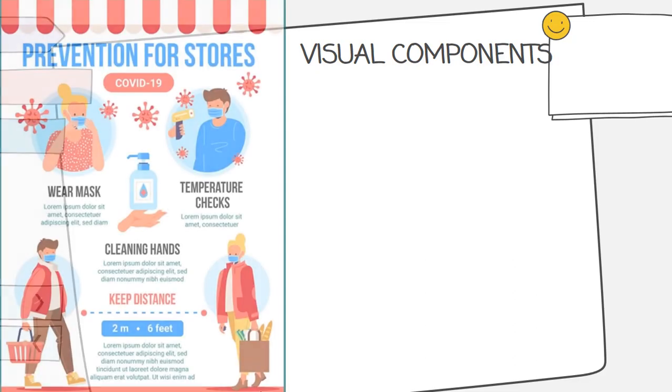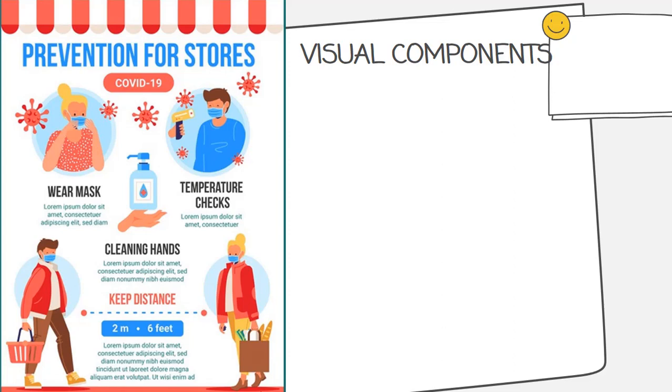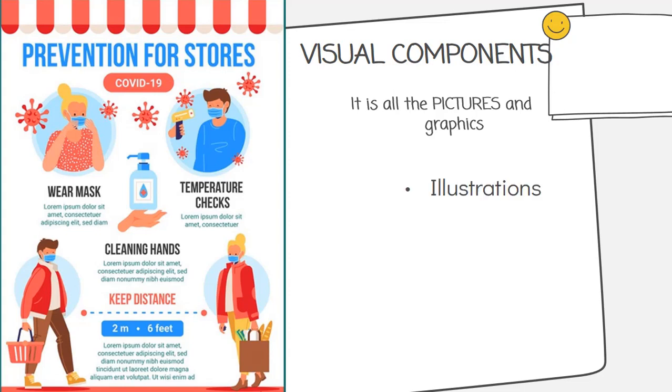Alright? For example, in the same illustrated guide about the prevention of COVID, a visual component is all the pictures and all the graphics of the illustrated guide. Un visual component son todas las pictures y los gráficos de una illustrated guide. For example, the illustrations.